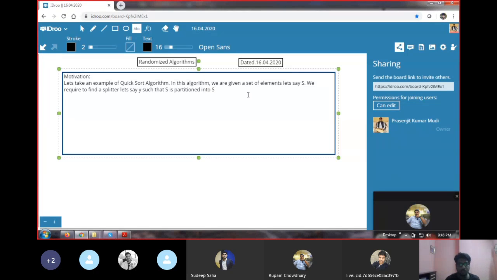We partition S into, let's say, S1 and S2 such that all elements in S1 are less than y and all elements in S2 are greater than y.